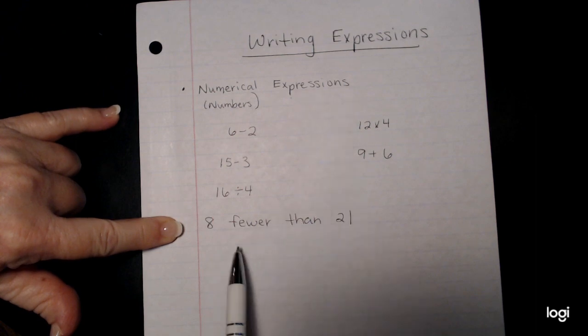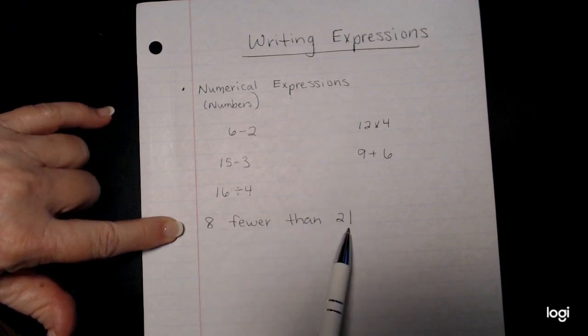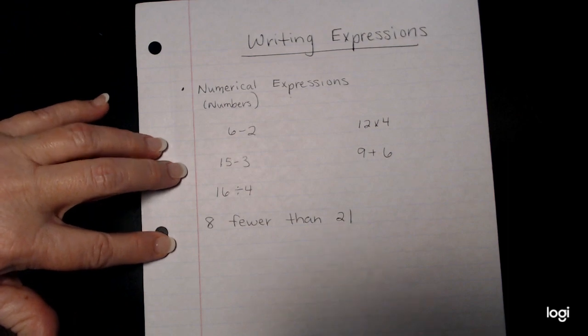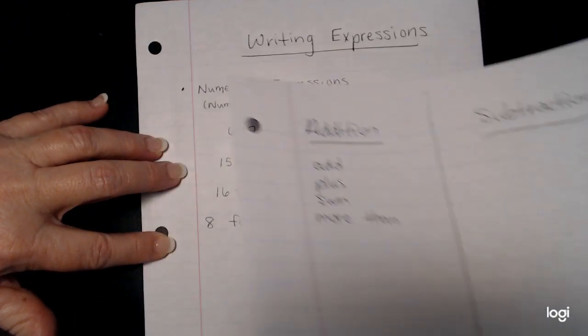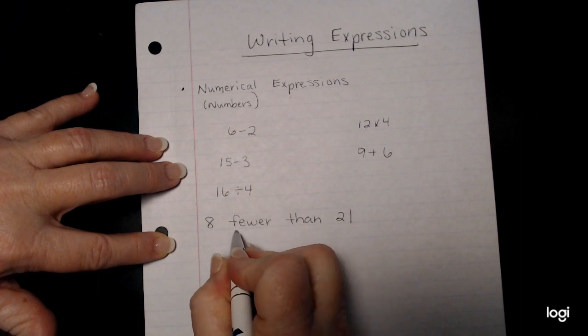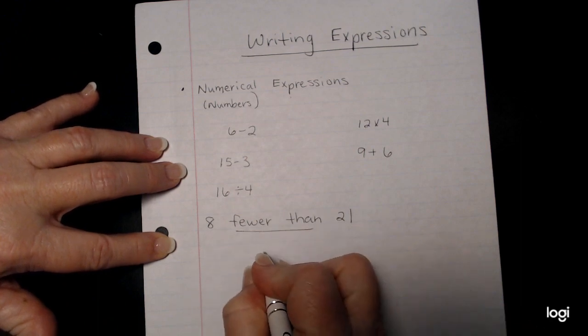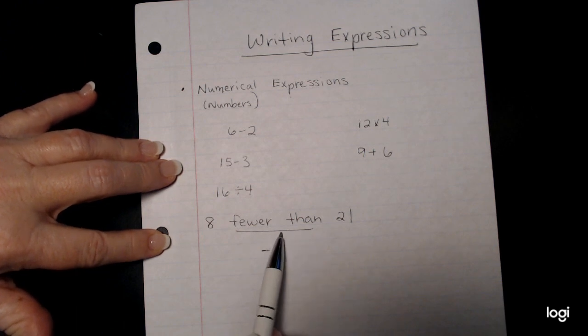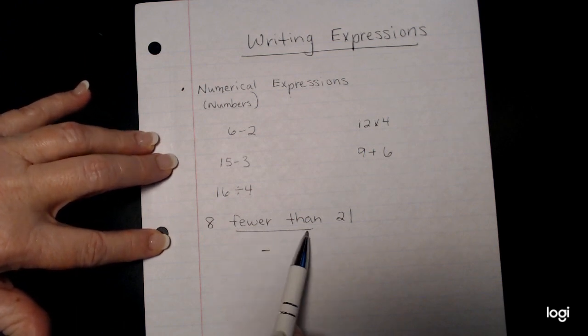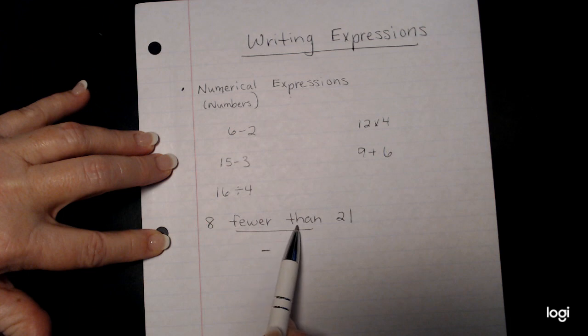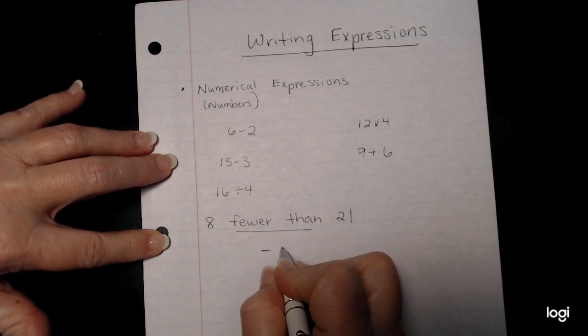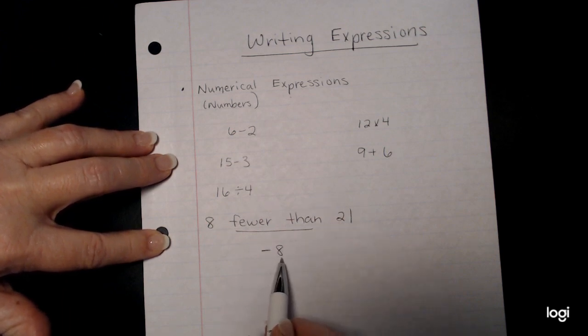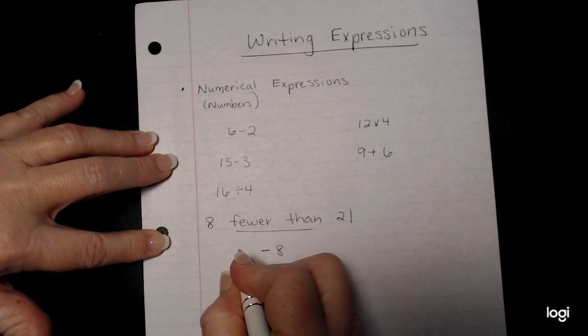Well, if I look at the list on this piece of paper here that you should have, you will notice that fewer than means minus. But remember, this is the trick one, so we put a star by it. 8 is fewer than 21, so it's kind of written backwards. 21 minus 8. Here's my numerical expression for my phrase.